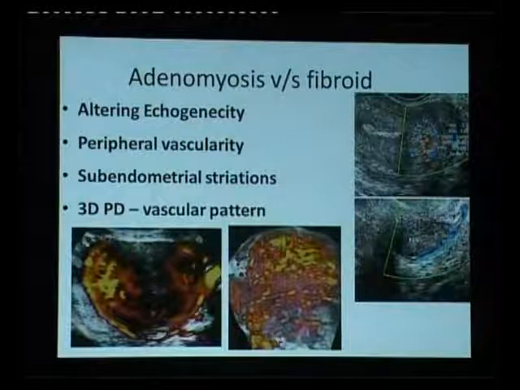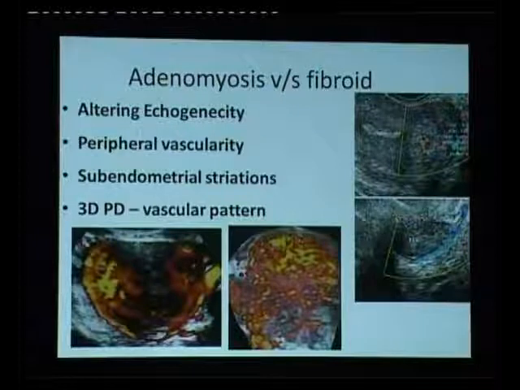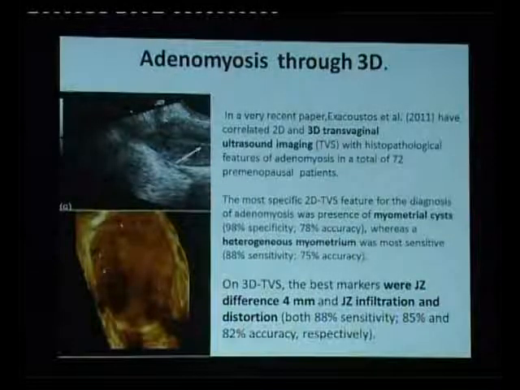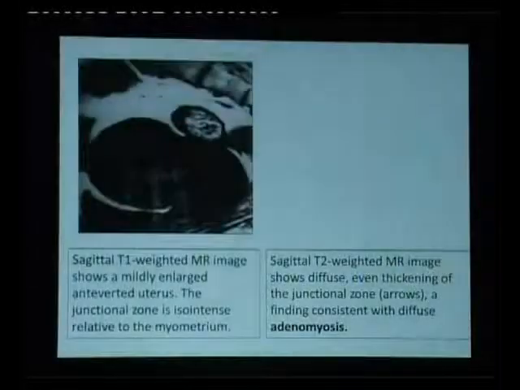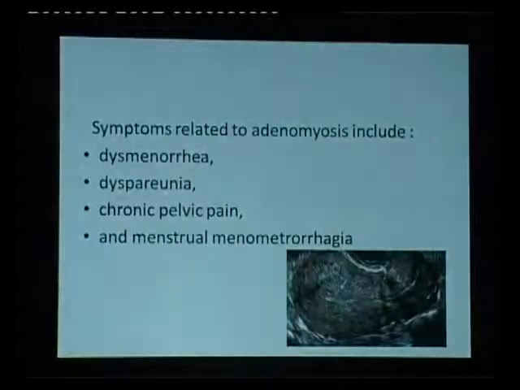As I said, there is echogenicity and peripheral vascularity, which is very characteristic of fibroids. The subendometrial striations are very characteristic of adenomyosis, and all these can be very well defined by 3D ultrasound. And if you have any issues, then you can go ahead and do MRI.